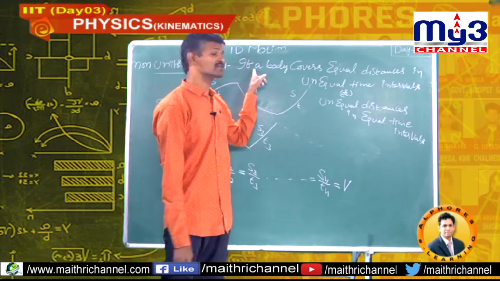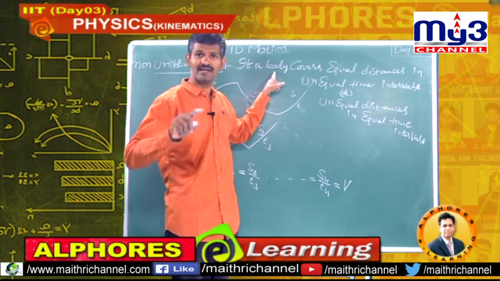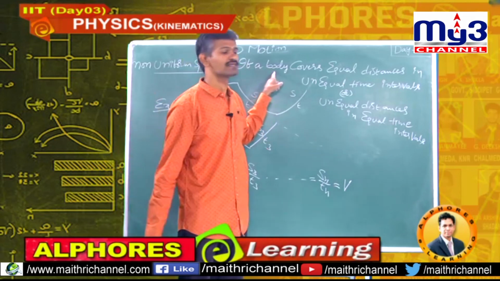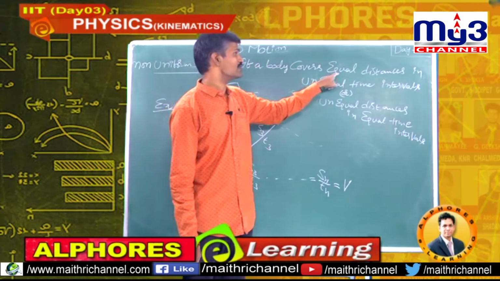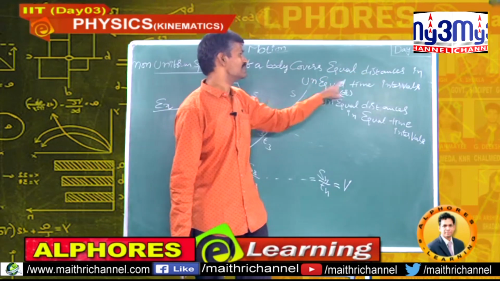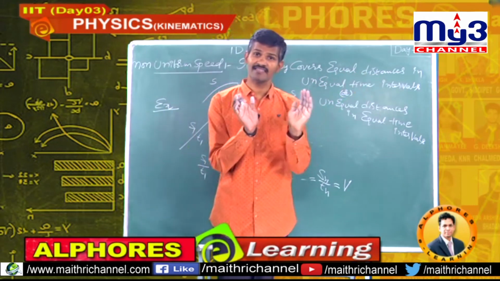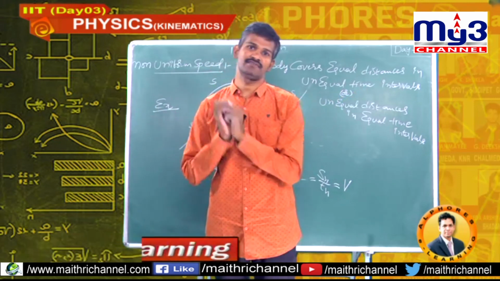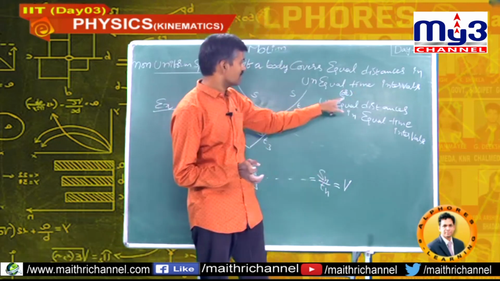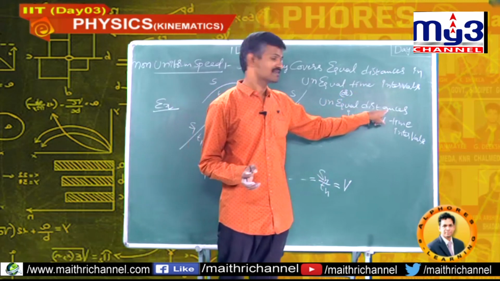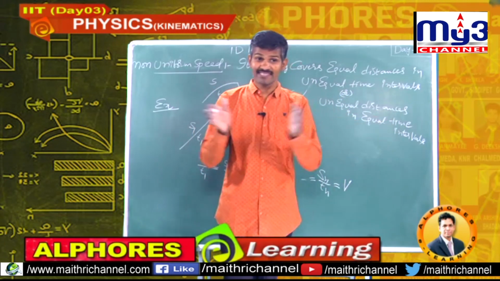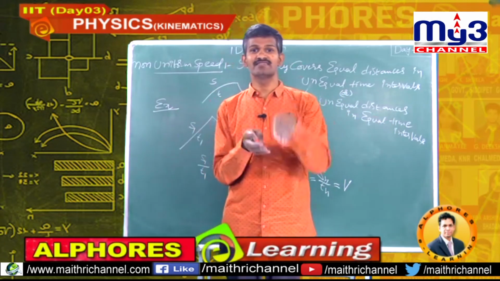So here, first follow the basic definition and understand the non-uniformity. If a body covers equal distances in unequal time intervals, if distances are same, then times must be different. If it covers unequal distances in equal time intervals, if distances are different, times must be same.